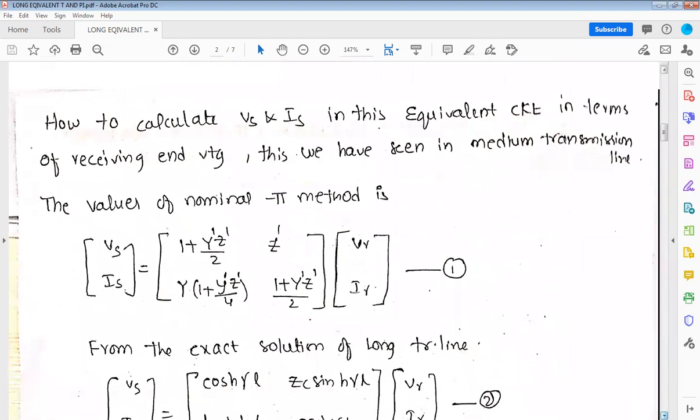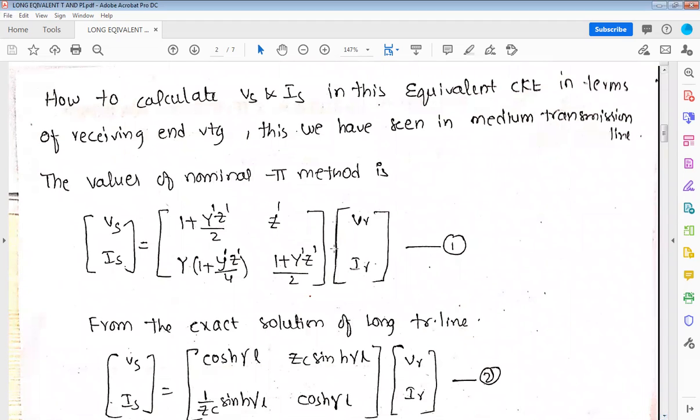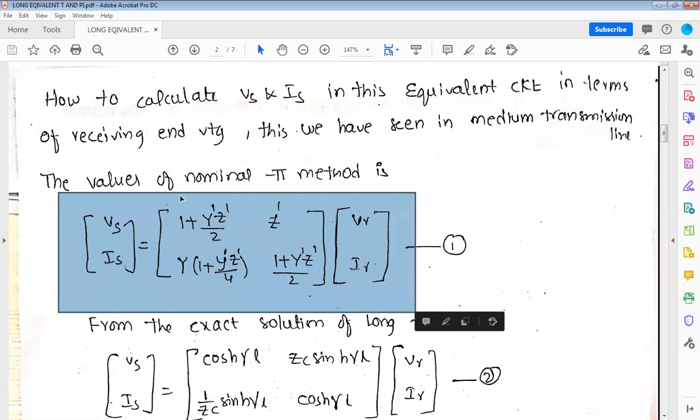To find those equations, we compare the equations we obtained in the medium transmission line for the nominal pi method with the long transmission line. Here, the equations I gave in the previous class are the ones we obtained for the nominal pi method in the medium transmission line.